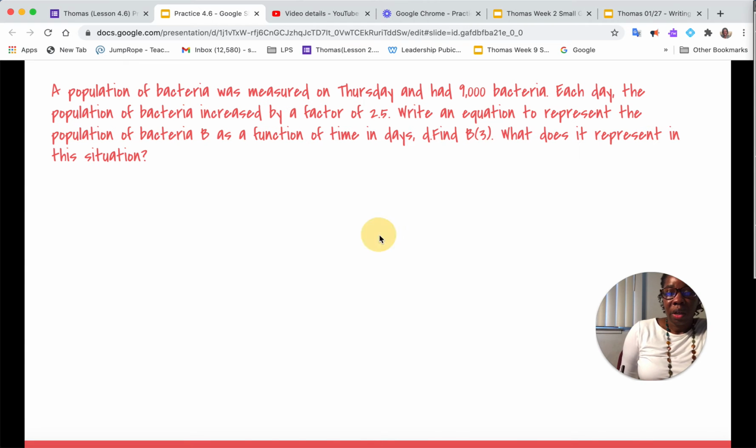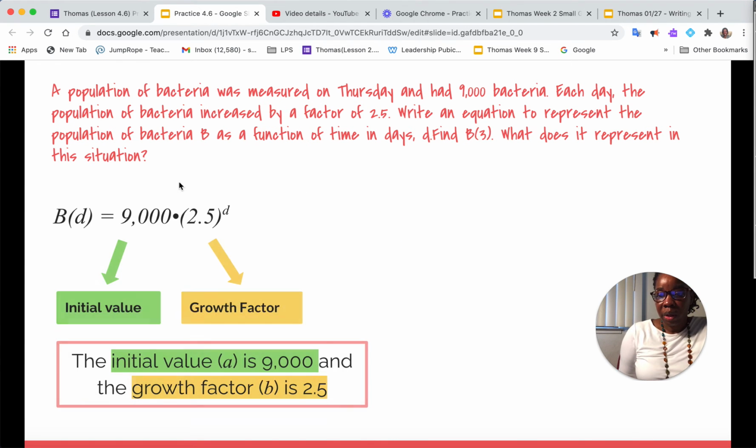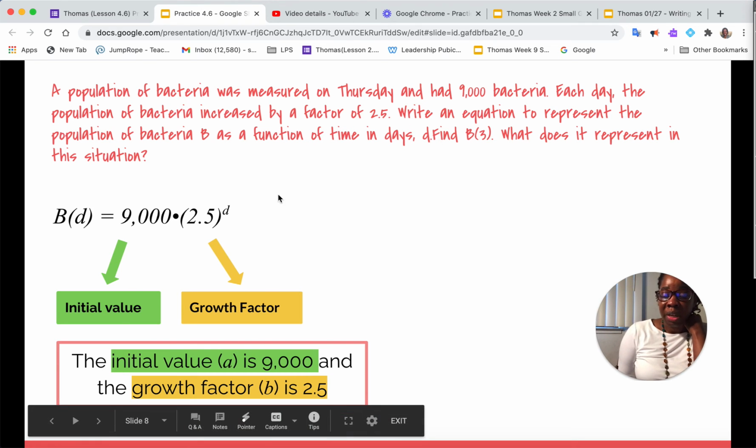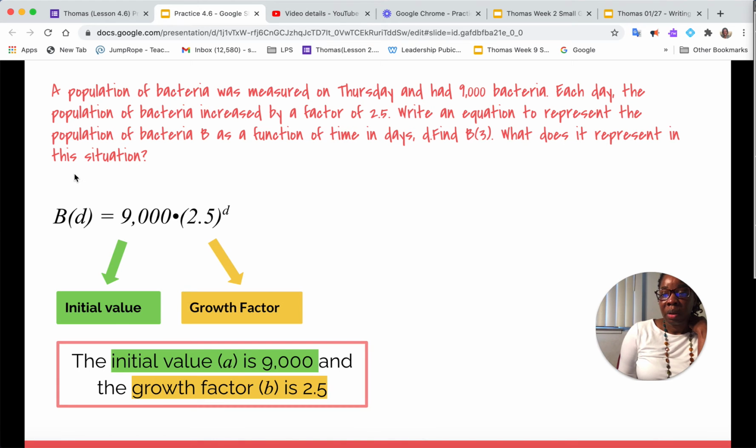All right, so if we continue, here's what we know. The B of d, that's 9,000, was the initial value, and the growth factor is 2.5 based on the information that was given. So just thinking about our original equation, y equals a times b to the x, just seeing how that corresponds to what they have there.